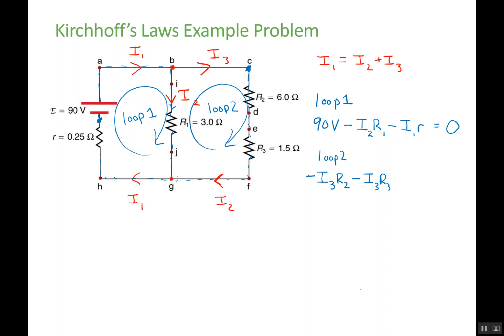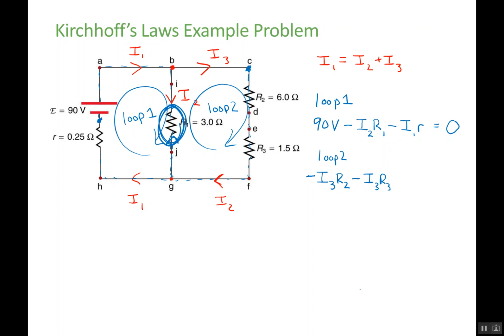Okay, and I keep going. I go up this branch, and the next thing I encounter, here's where it gets a little tricky, is R1. But as I cross R1 on my way back to where I started, this time I'm going against the current that flows through R1. So that means I'm going uphill in terms of voltage.